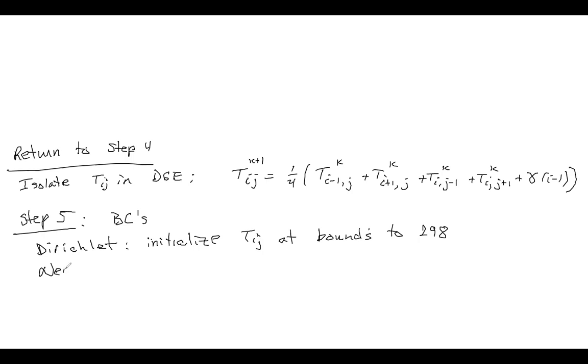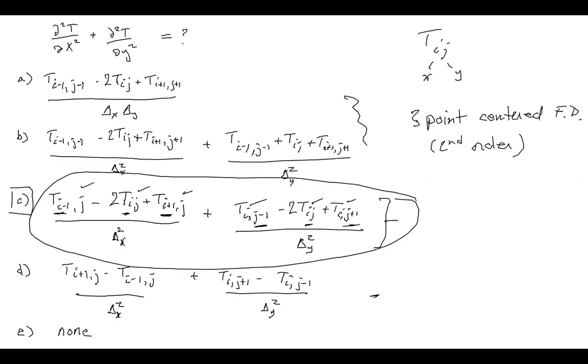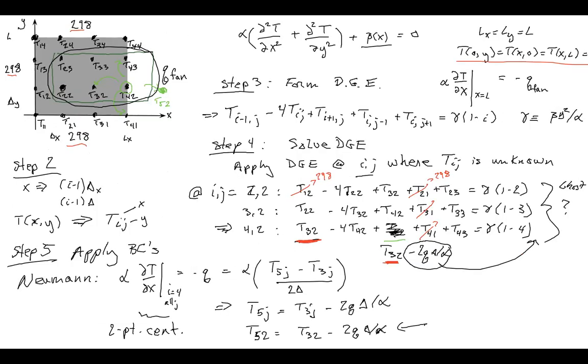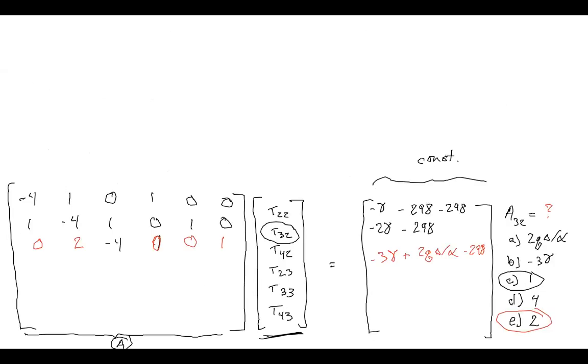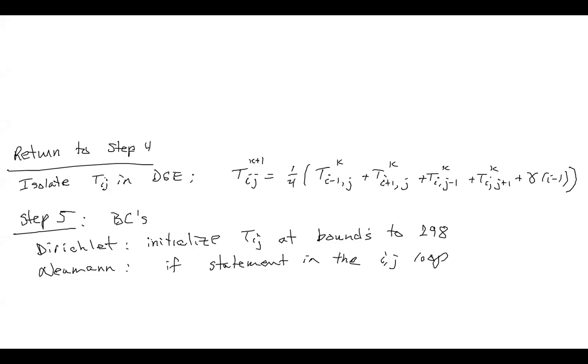And for the Neumann condition, we're going to add an if statement in the ij loop. And we're going to handle this equation here, make this substitution manually in the case where we encounter a ghost node. So that's the big picture idea of what we're going to do here.